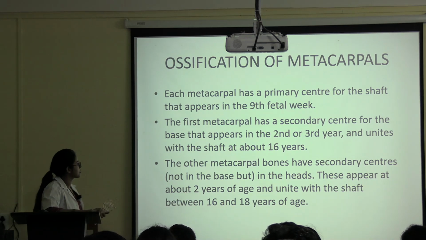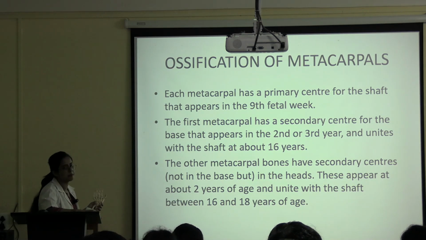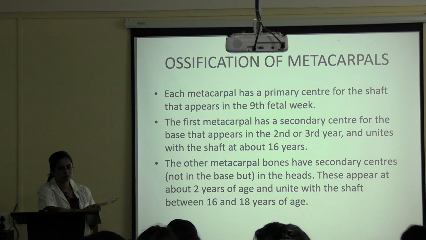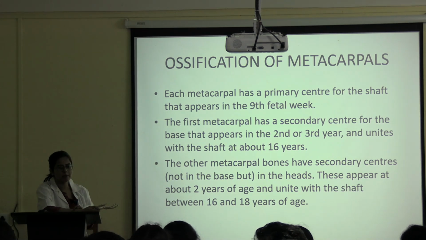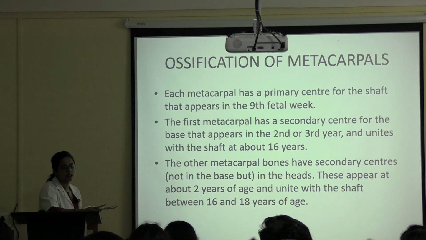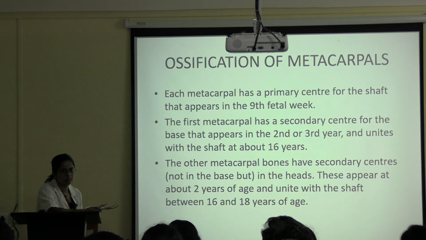In the first metacarpal, the secondary center will appear in the base, by second or third year of life, and it will unite with the shaft at about 16 years.